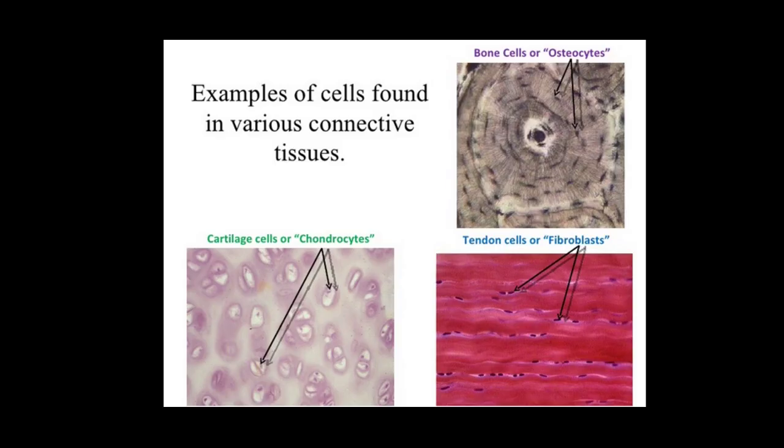Here is one picture which shows you different types of cells. These are the bone cells or the osteocytes on the top right hand corner. Then there are these different cells of the cartilage on the left hand side lower corner. You can see simple cells are there in groups of 1, 2, 3.